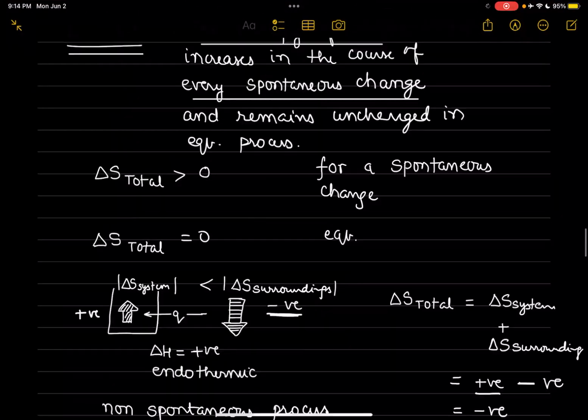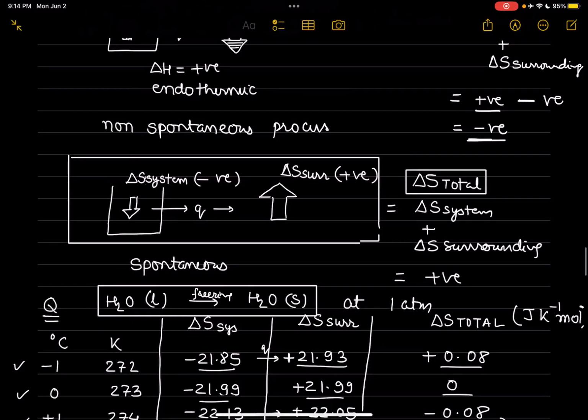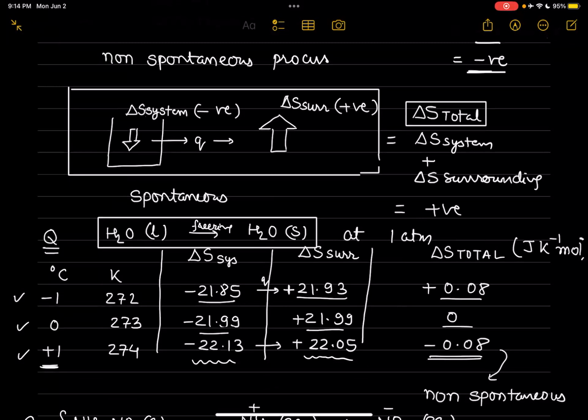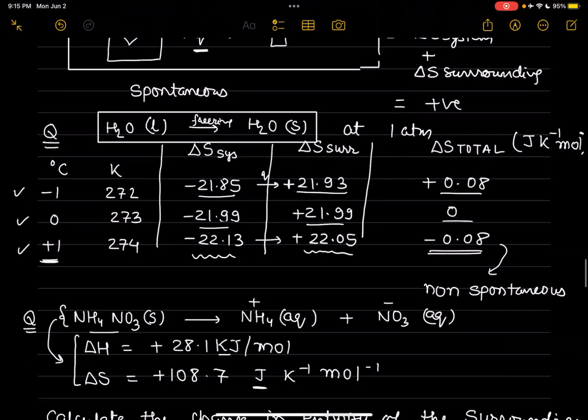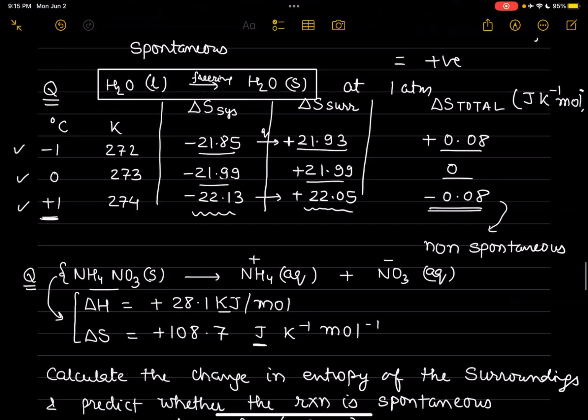For the system and surroundings, to know whether the entropy has increased or decreased, you need to know the sign of the heat. If the heat has moved out, the surroundings have become hotter, and because they have become hotter, they have more entropy.